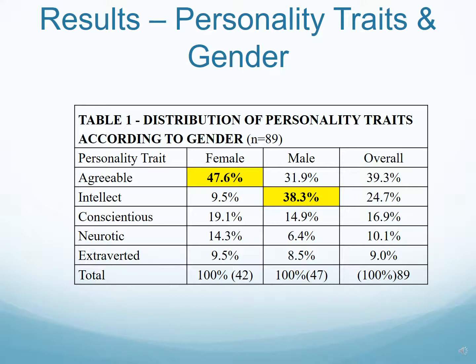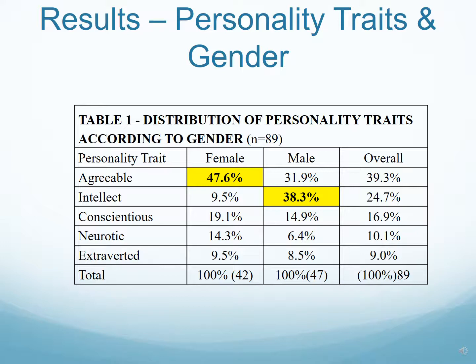The personality traits have been allocated according to a series of statements for which students had to indicate their level of agreement. We find 47.6% of females were assigned to the agreeable category, while 38.3% of males were assigned to the intellect category.